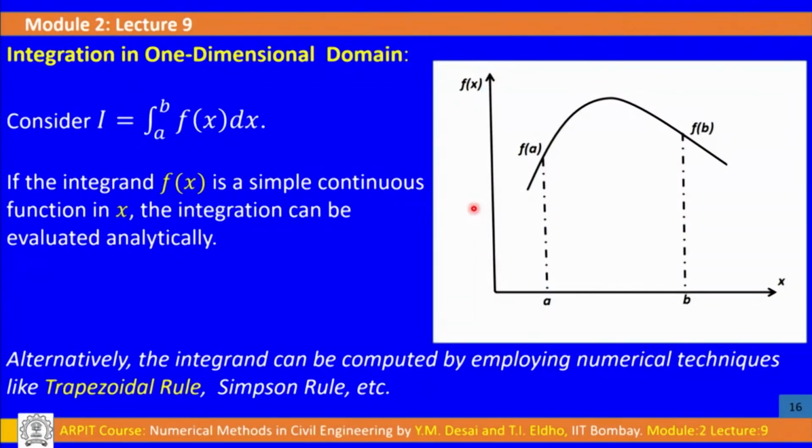Many times, especially when we are doing everything numerically, we may not know the explicit nature of the integrand. So, in such cases, the computation becomes a bit challenging. So, let us see how we proceed.